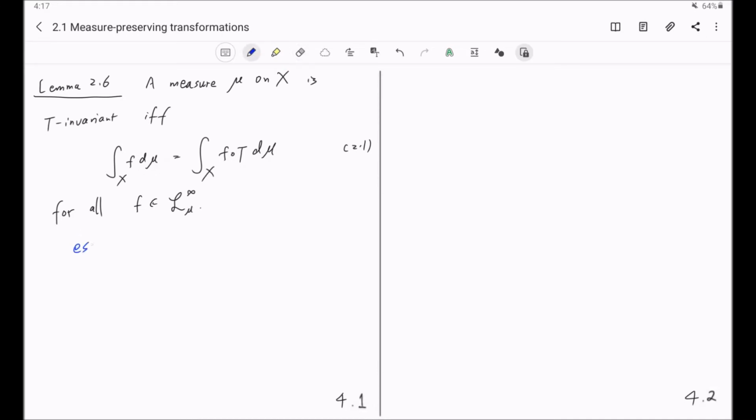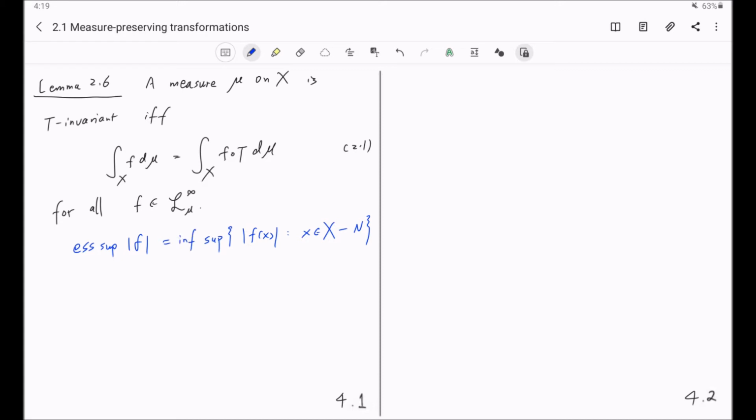Remember that the essential supremum of f is defined to be, so first consider f when x ranges over the whole x minus a set, say n, and you take the supremum of this set. And now you take the infimum of this.